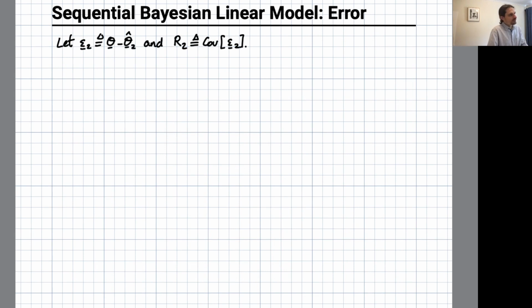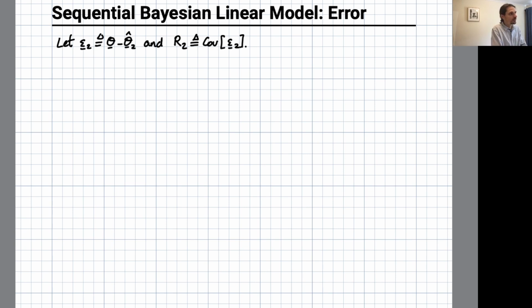Okay, so as we saw in the previous slide, the LMMSE estimator at step 2 is a function of the covariance of the error at step 1, this capital R sub 1. So if now we want to go to step 3, we need similarly the covariance of the error at step 2.